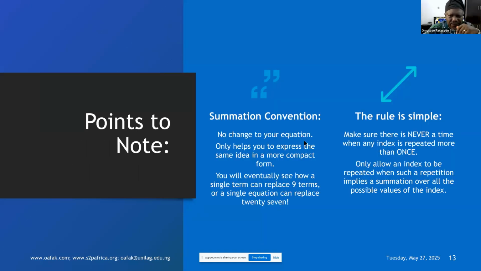Points to note. Summation convention: there is no change to your equation. It only helps you to express the same idea in a more compact form. You will eventually see how a single term can replace 9 terms, can even replace 27 terms, can replace 81 terms, and you will see how simple it is.